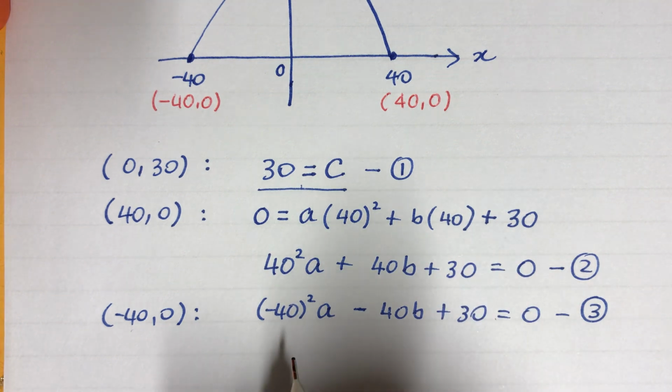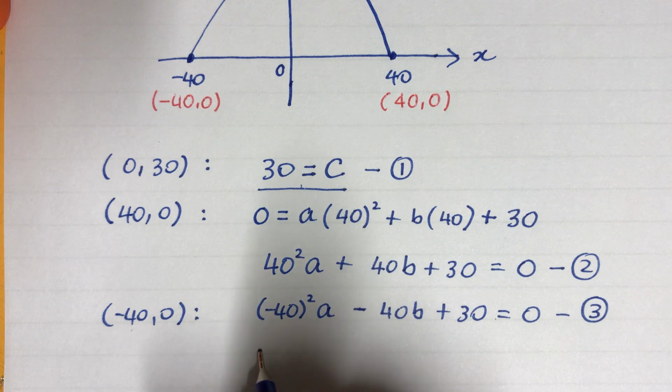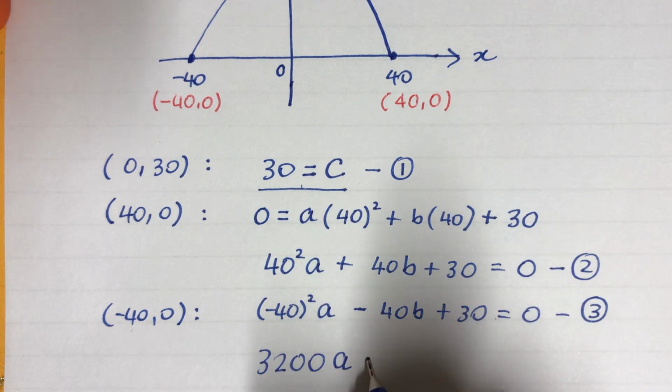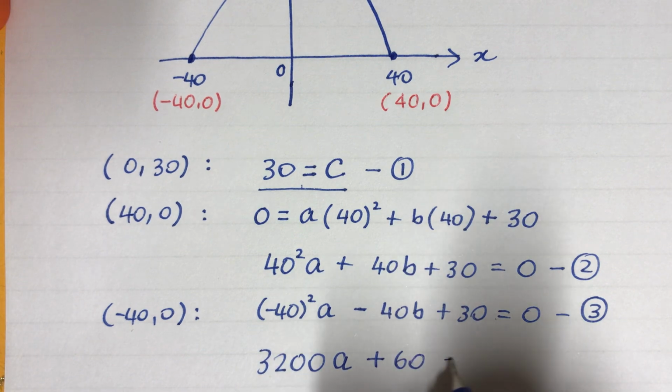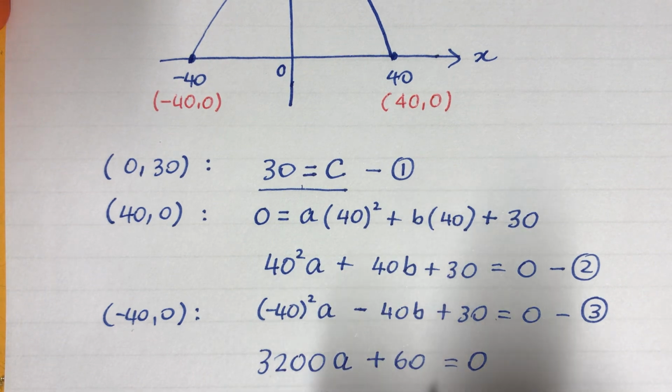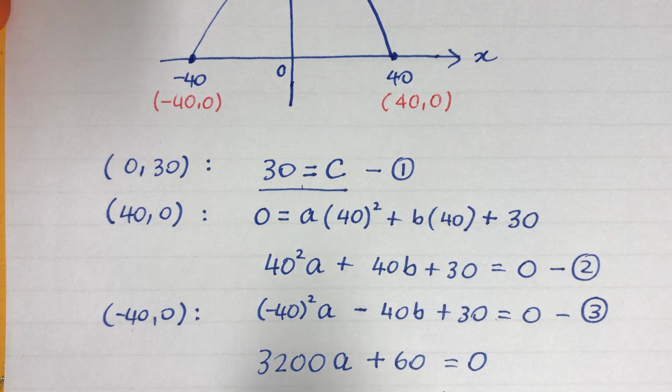So that's 1600, and I'm going to double that, will be 3200a plus 60 equals 0.